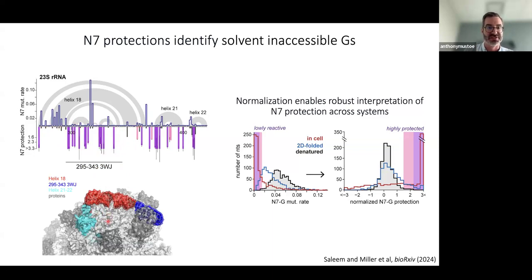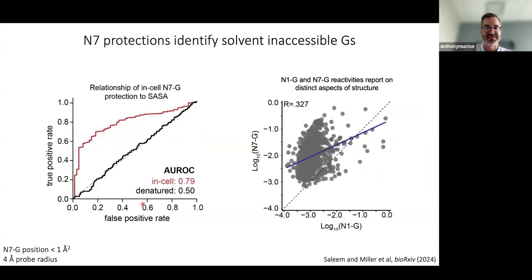And if you actually look at the ribosome crystal structure here, you can see that this region that is unprotected, this helix 18, is a solvent exposed helix, whereas these regions of protection at this three-way junction here, helix 21 and helix 22, are basically buried within the interior of the ribosome. So immediately this is consistent with this idea that these N7 protections are providing a measure of three-dimensional solvent accessibility.